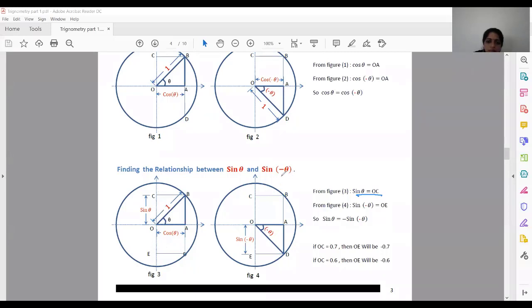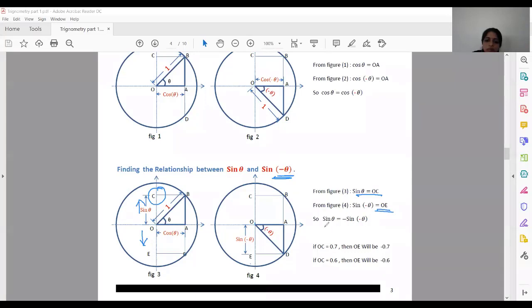But if we are taking sine minus theta, then from figure 4, sine minus theta is OE. This one is OC, this one is OE. This one is the upper direction, this one is the lower direction. So both are different. One is positive, the other is negative.